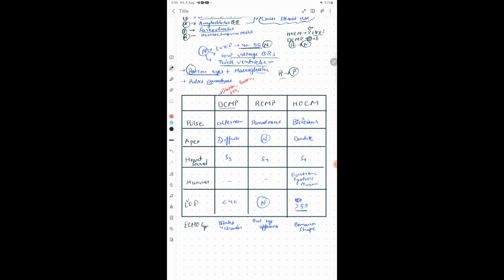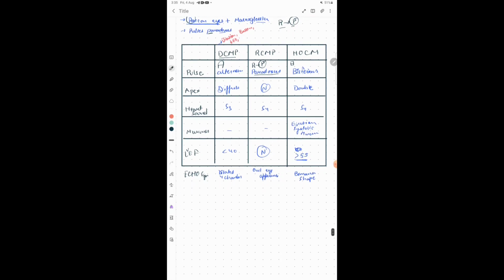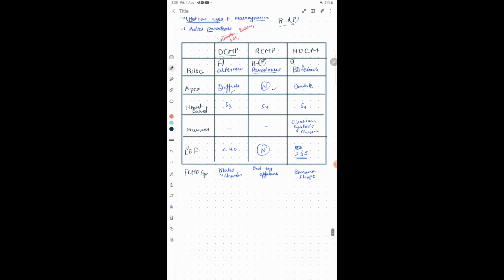D for DCMP: pulsus alternans. R becomes P, so restrictive has pulsus paradoxus, and HOCM has pulsus bisferiens. The apex is diffuse in this and normal in that, and HOCM has a double heart sound. DCM has S3, otherwise both have S4.